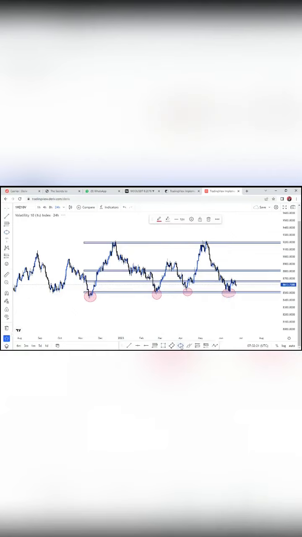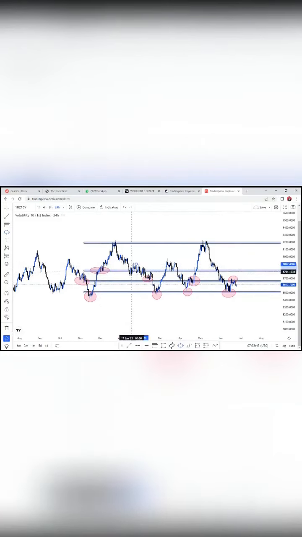Now watch the second one. First touch, a reaction. Second touch, a reaction. Third touch, a reaction. Fourth touch, which turned to resistance, a reaction. Now let's go over to the third one. A tap here, reaction.